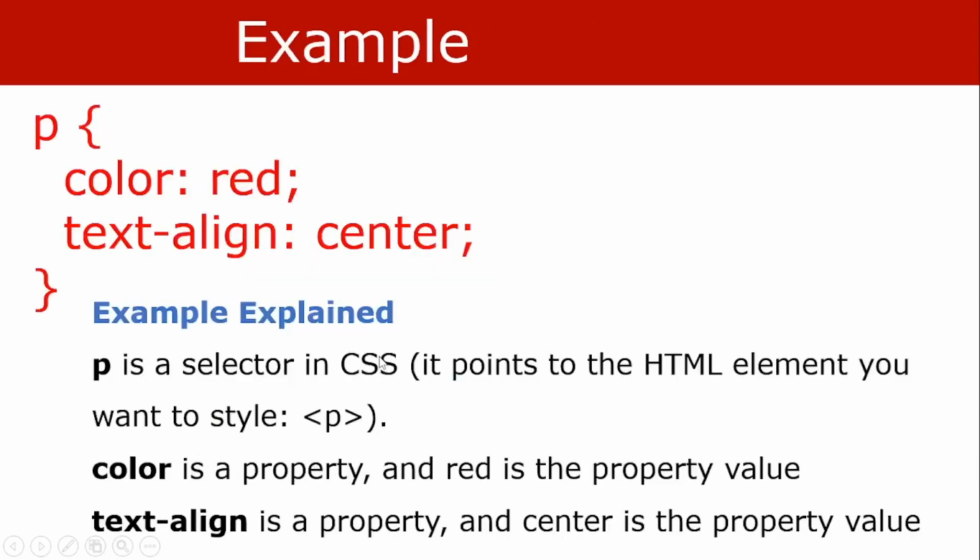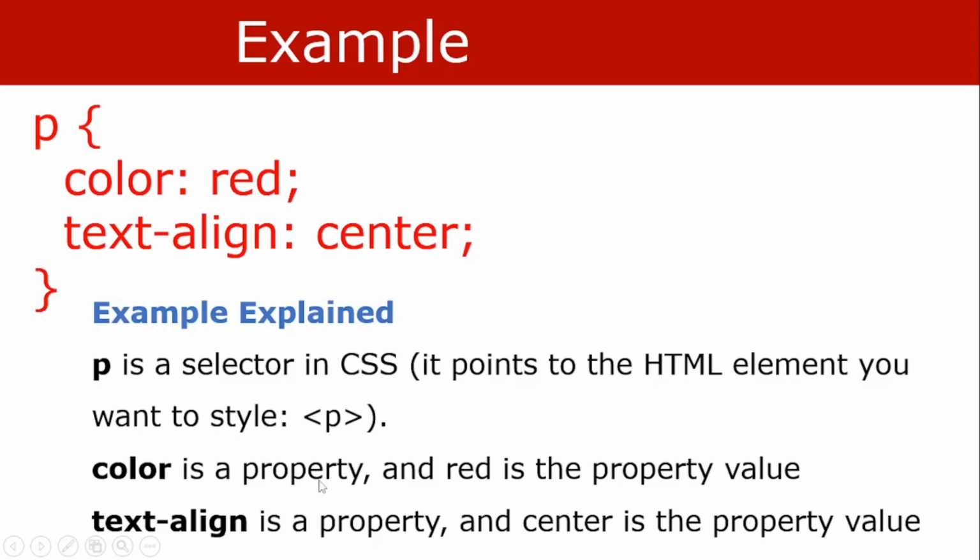Here we have an example. In this example, we have a p tag, and we are giving it a color of red and text-align center. So these are two properties. In this example, p is a selector in CSS, and it points to the HTML element that you want to style, which is the p tag.